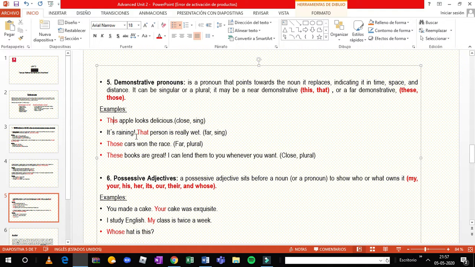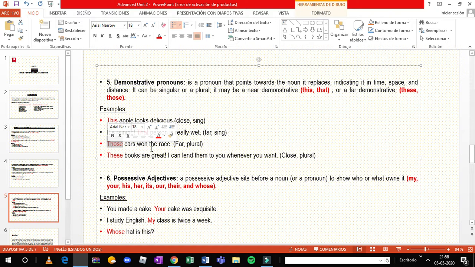It's raining. That person is really wet. That is to mention something that is far, alguien que está lejos, ¿cierto? And singular, referring to just one person. Those cars won the race. Those cars, so I know it's plural and far.